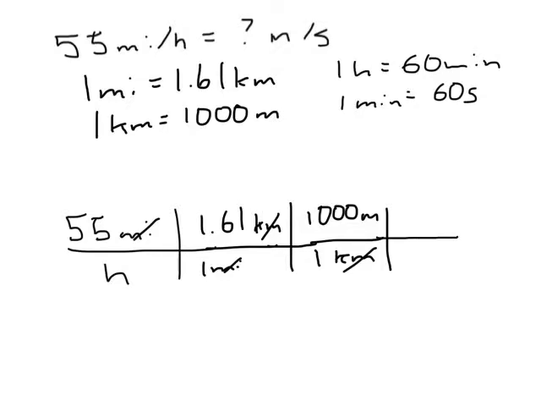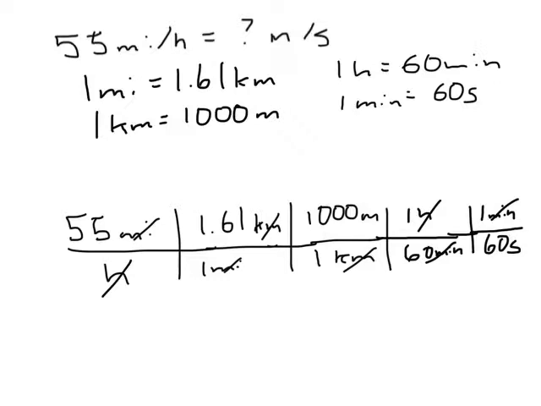And so here's the key to having the hours on the bottom, to making sure it's successful. To cancel out the hours here, I need to have 1 hour, 60 minutes here. Hours now cancel. And to cancel my minutes, I need 1 minute, 60 seconds here to cancel my minutes. Now, I have 2 units remaining, meters over seconds, which is what I want.